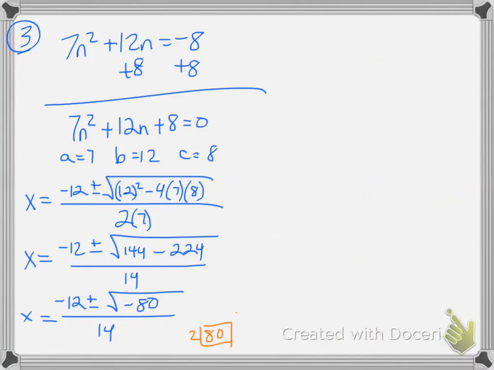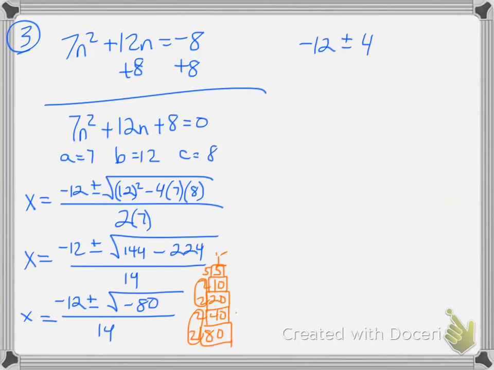2 and 40, 2 and 20, 2 and 10, 2 and 5, 5 and 1. So I have a pair of 2's and another pair of 2's. So what's going to come out of that radical is one of each pair, so that's going to be 4.